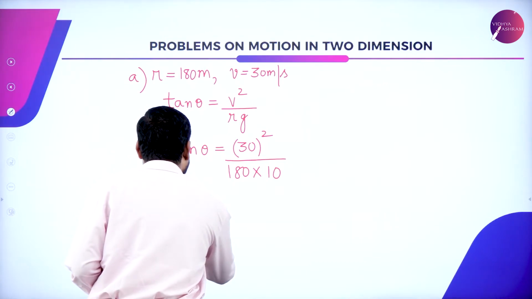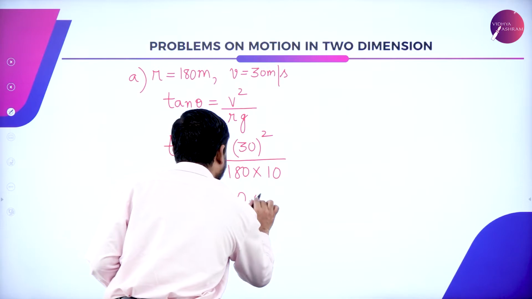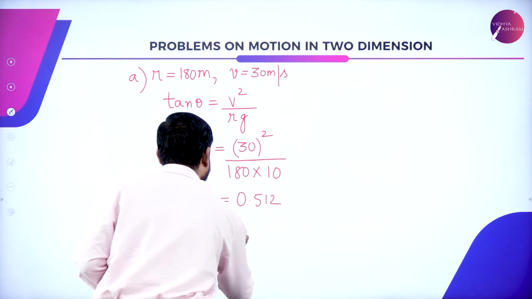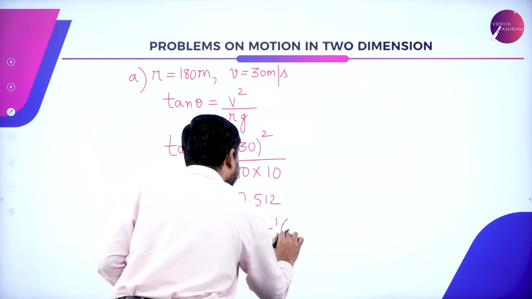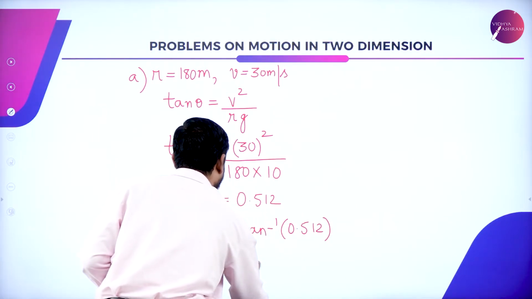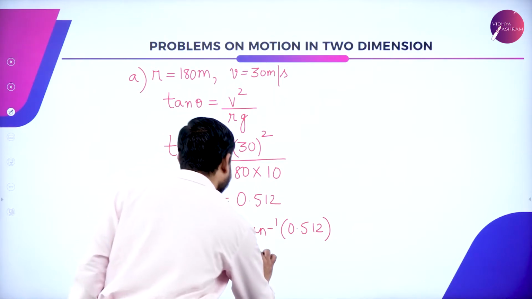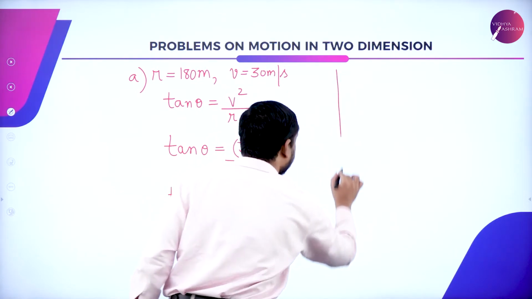So tan theta is 0.512. On simplifying, theta is tan inverse 0.512, and the simplification says this is nearly 27 degrees.